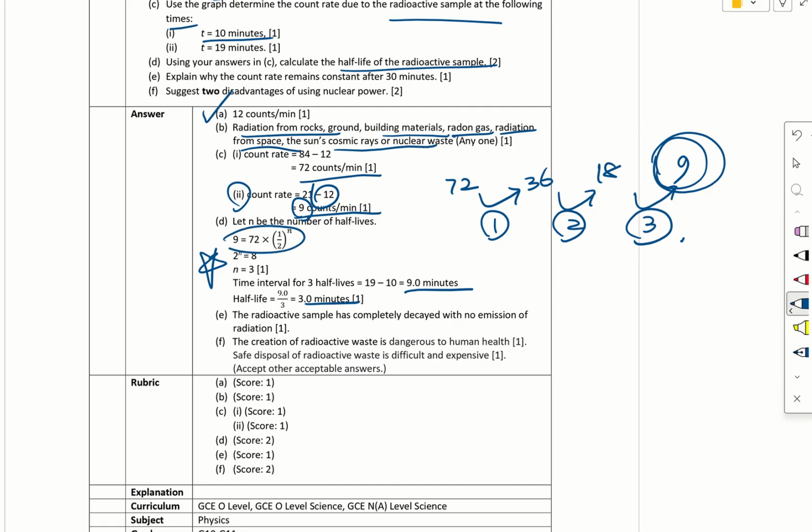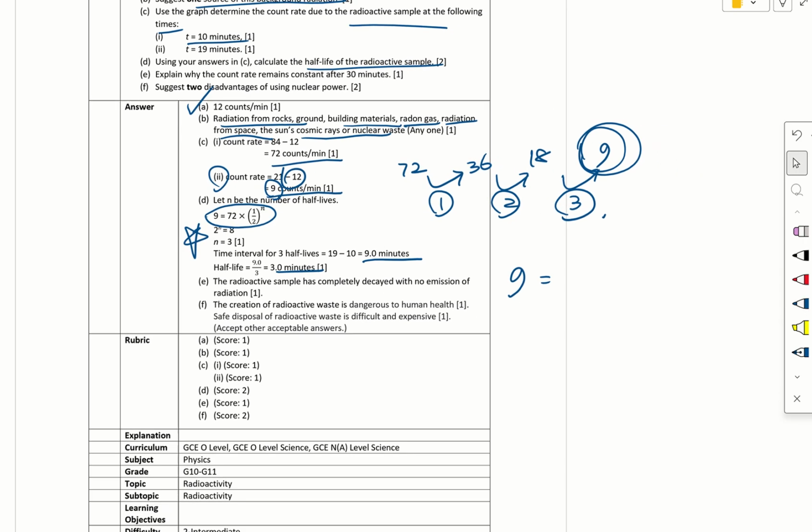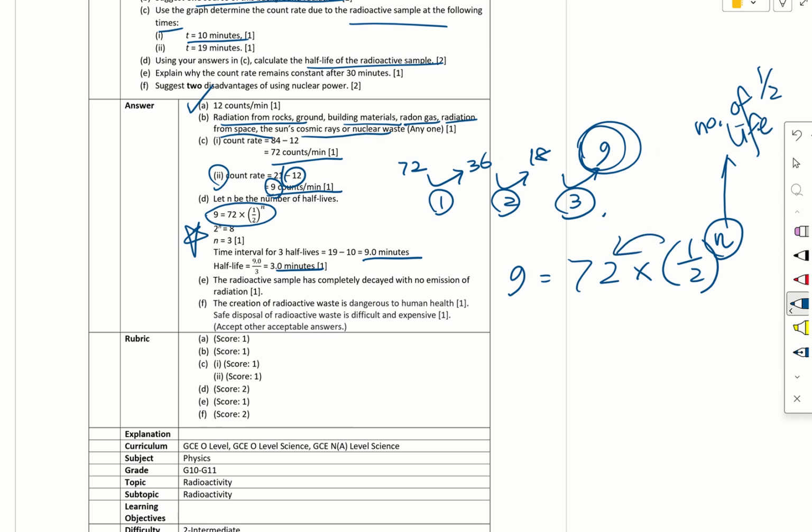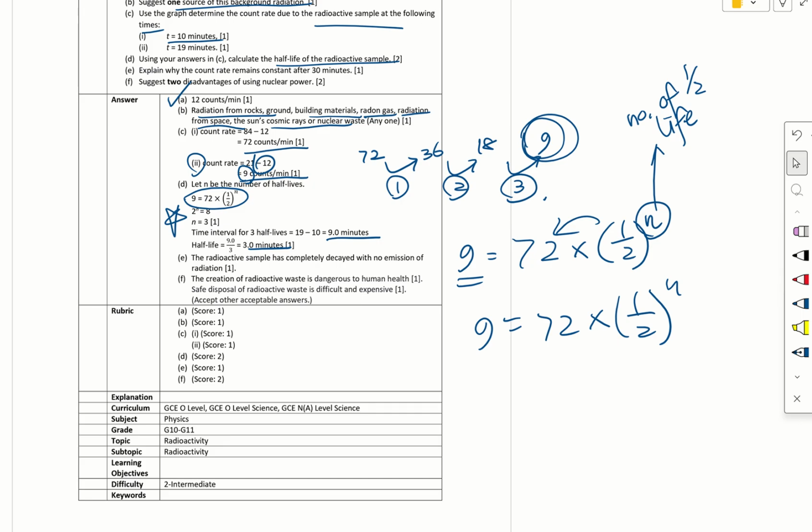Now, how about we use this formula? This is the final number of counts, and this is the initial. So we multiply by half to the power of n, where n is the number of half-life that it has gone through for the initial number to drop to 9. So if you do your math, 9 equals to 72 times half to the power of n, and I know some of you may be put off by this.